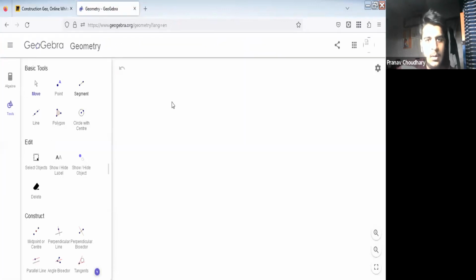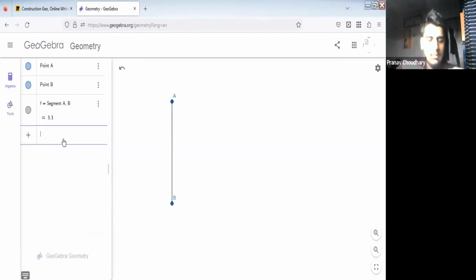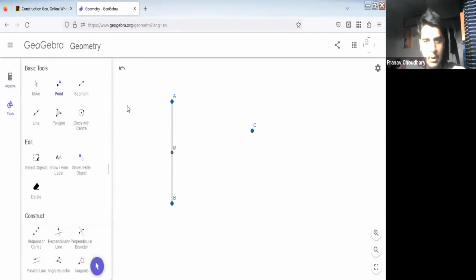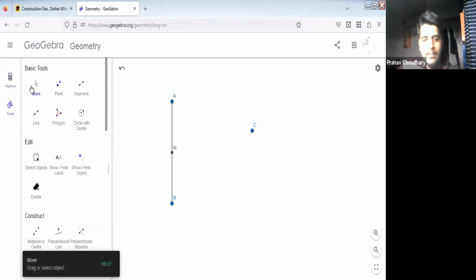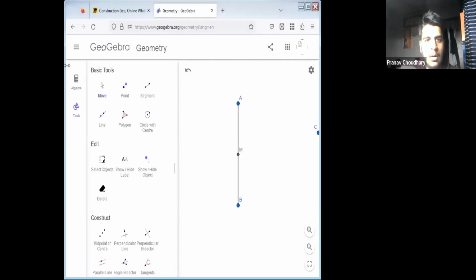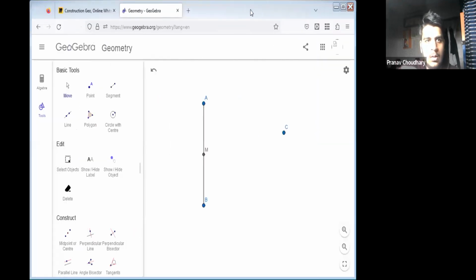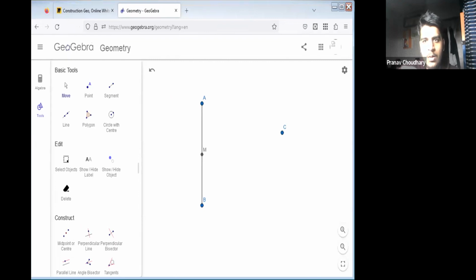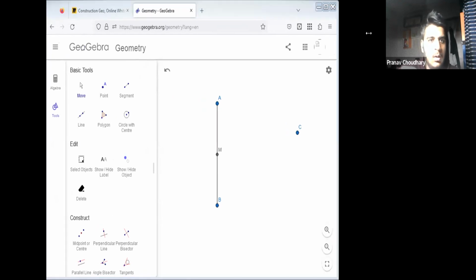Okay, let's just do it here. You need to construct a line parallel to AB passing through C. So the problem is essentially that you have a circle with a center marked and a straight edge, and we want to show this is equivalent to a straight edge and a compass.